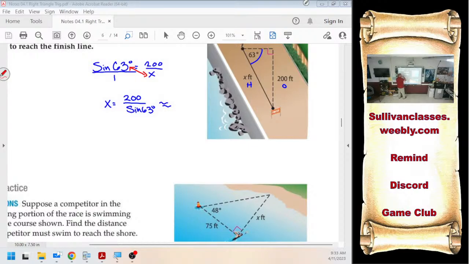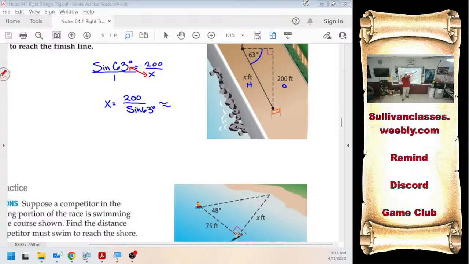Okay, so now if I didn't have the calculator on hand, I can also ballpark this. Because look at my angle, 63 degrees, awful close to what? So if I know 30, 60, 90 ratios, I will divide this by square root of 3.